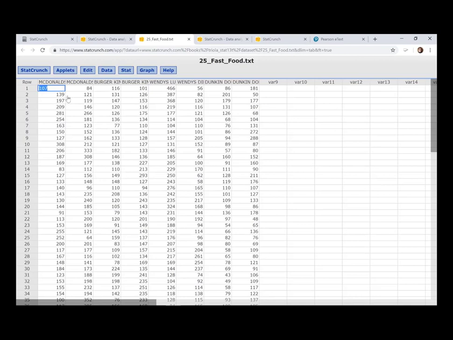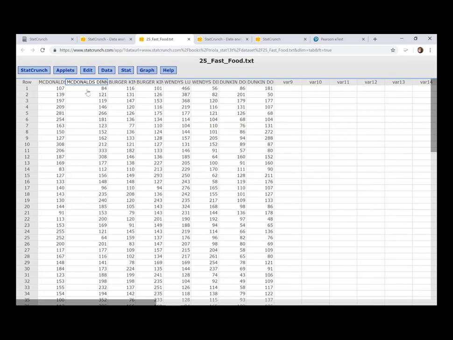And you can see I have all kinds of stuff here. So let's read what this says. Oh man, I want to see what these things are. McDonald's lunch, and I bet that's McDonald's dinner. Let's just make it bigger so we can see. Yep.